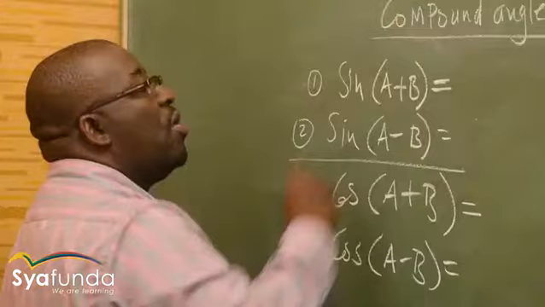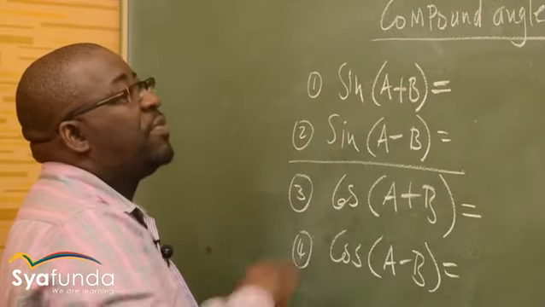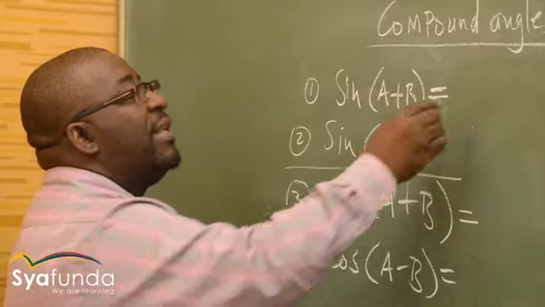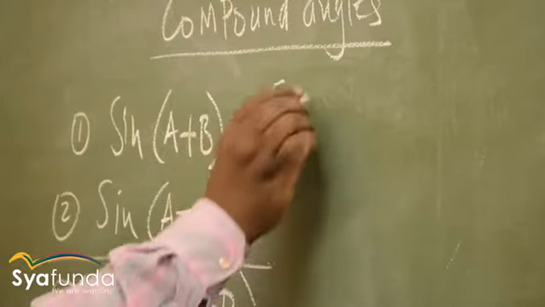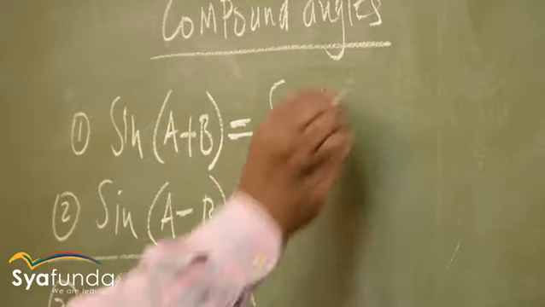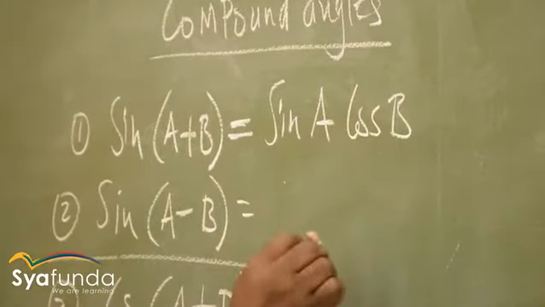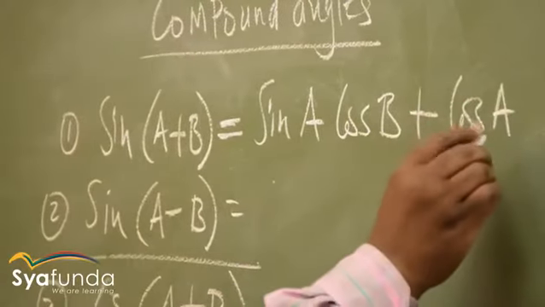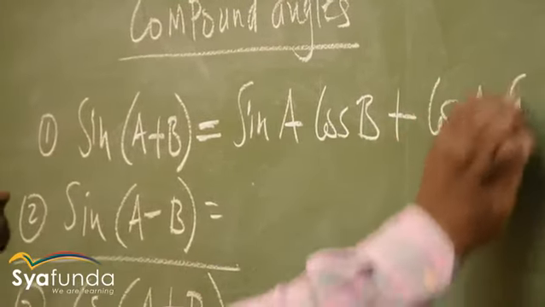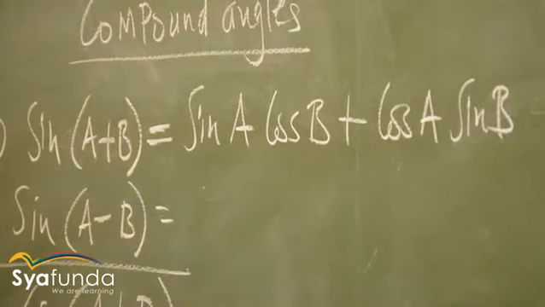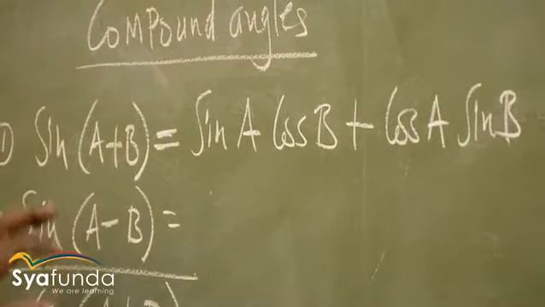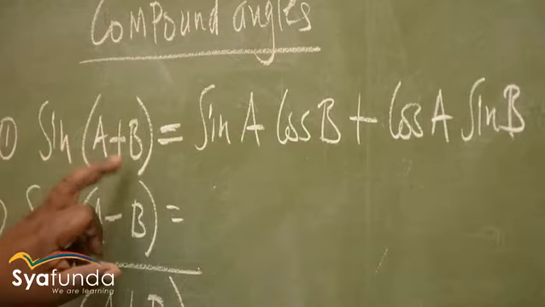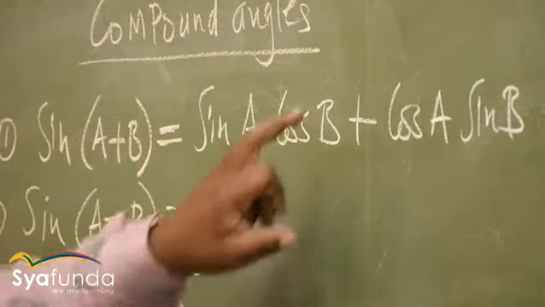Right. What are we going to get here? Sine of A plus B is the same as sine A cos B plus cos A sine B. There's a pattern that will help you to remember this better. Sine of A plus B: sine, cos, cos, sine.